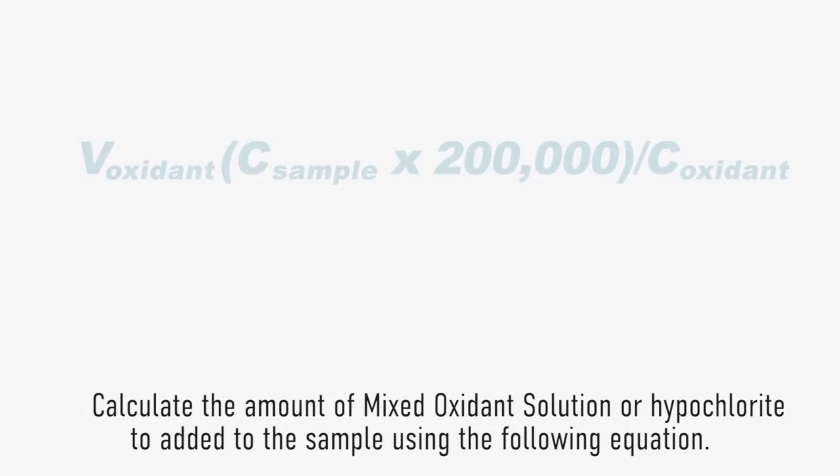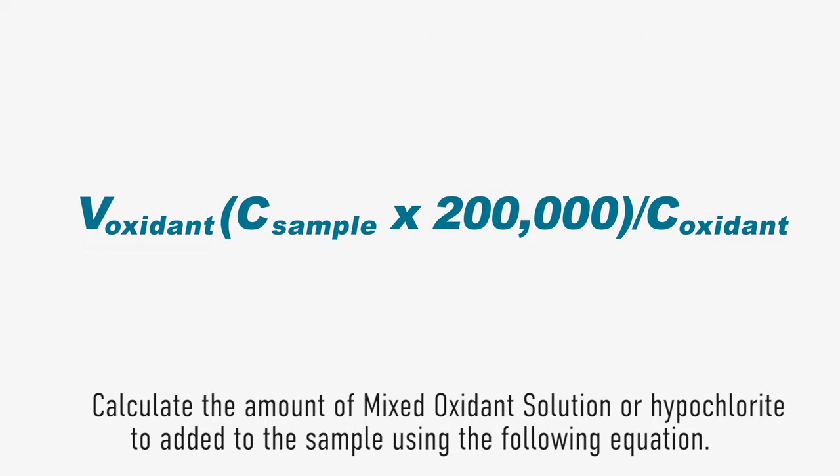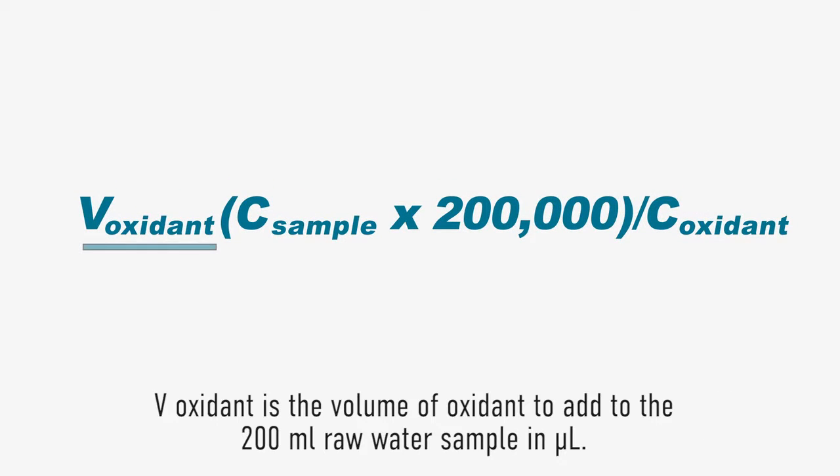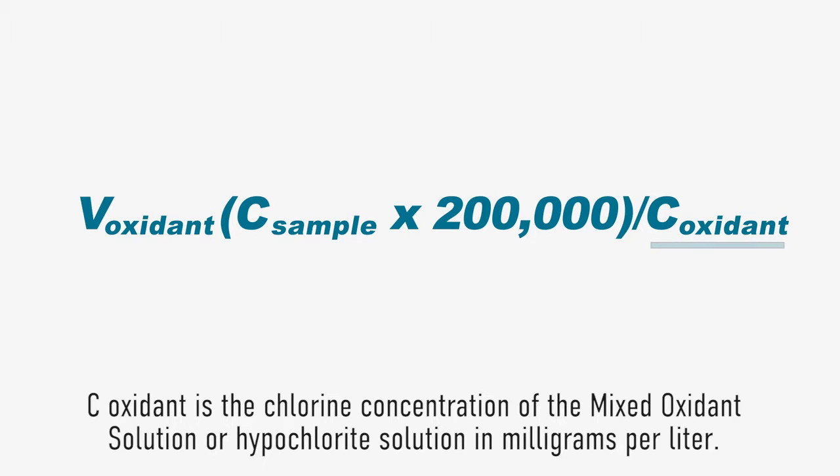Calculate the amount of mixed oxidant solution or hypochlorite to be added to the sample using this equation. In this equation, V oxidant is the volume of oxidant to add to the 200 milliliter raw water sample. C sample is the target chlorine dose of the sample in milligrams per liter. C oxidant is the chlorine concentration of the mixed oxidant solution or hypochlorite solution in milligrams per liter.